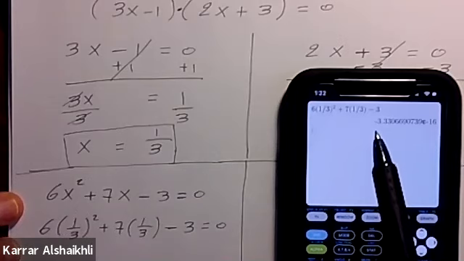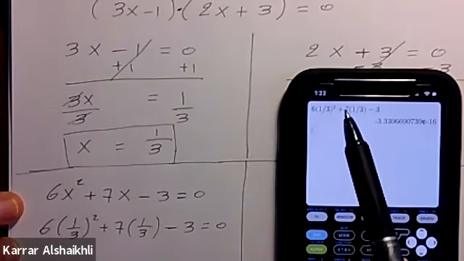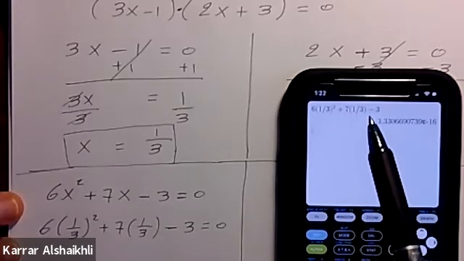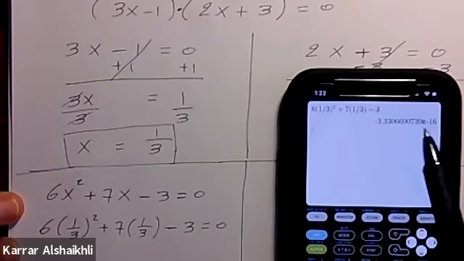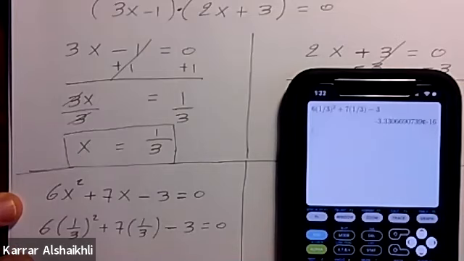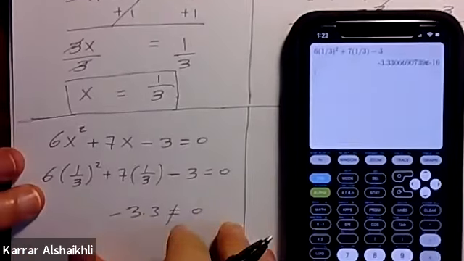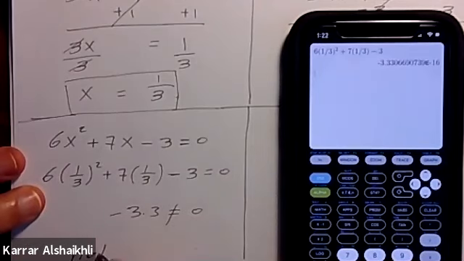This is not equal to 0. 6 times 1/3 squared plus 7 times 1/3 minus 3 is not equal to 0. That means when x equals 1/3, this does not equal 0. So you're just going to write down this is not a solution.